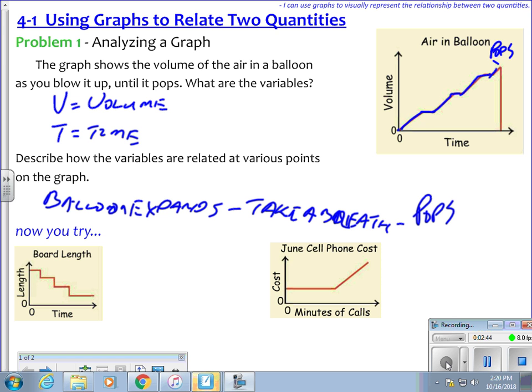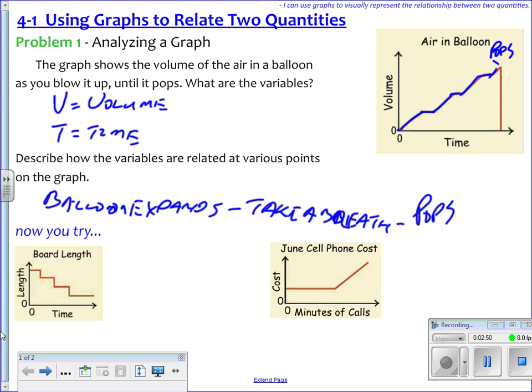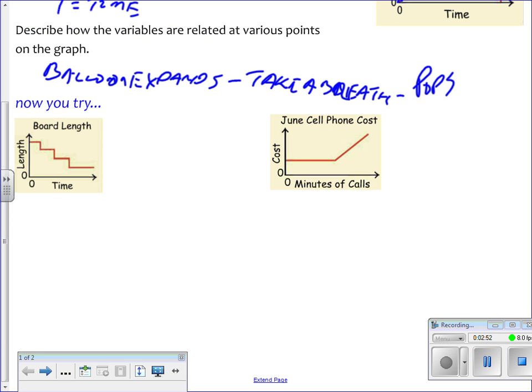Okay? So here's what I want you to do. You've got two graphs at the bottom. I want you to do the same thing I just did. First, identify two variables.